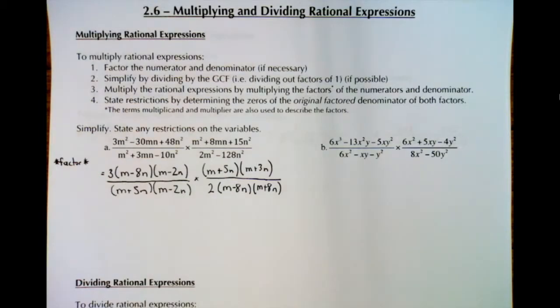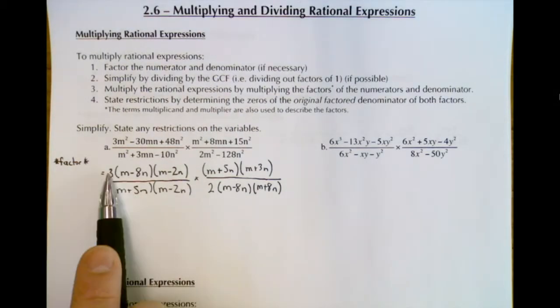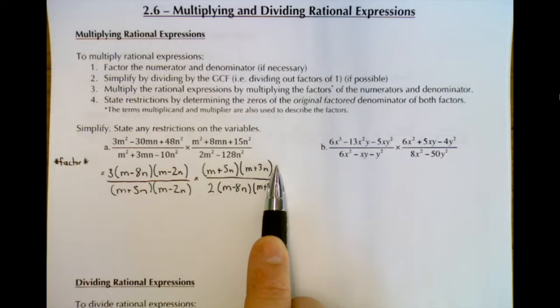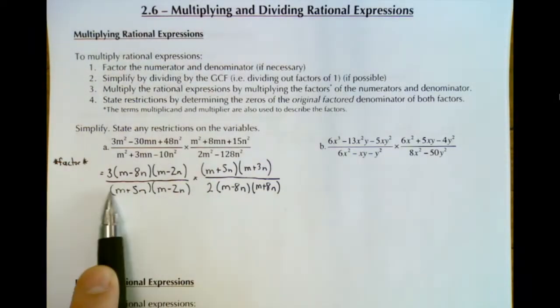So now that we're fully factored, the next step is to multiply the rational expression. And you can do that first, or you can start dividing away common factors. Because if you multiply the top by the top, all you're going to have is this entire expression as one numerator all multiplied together, and this entire expression is one denominator all multiplied together.